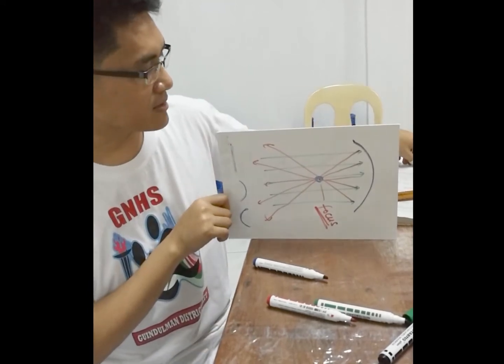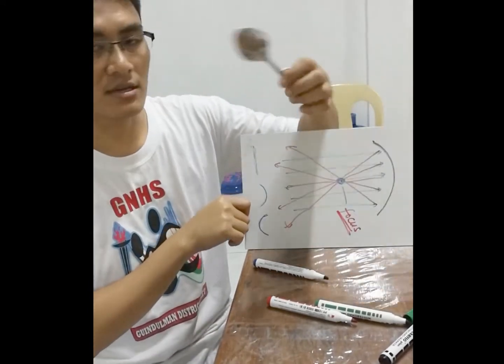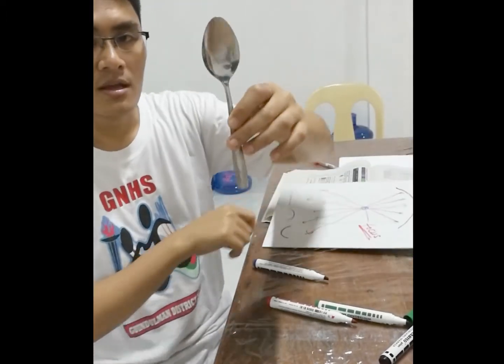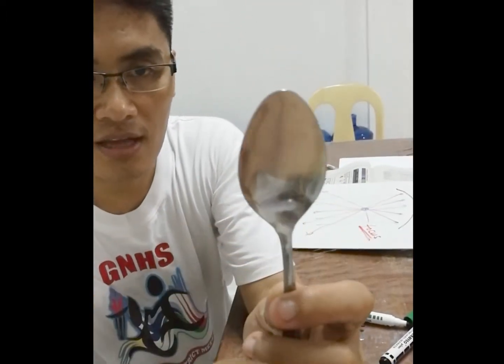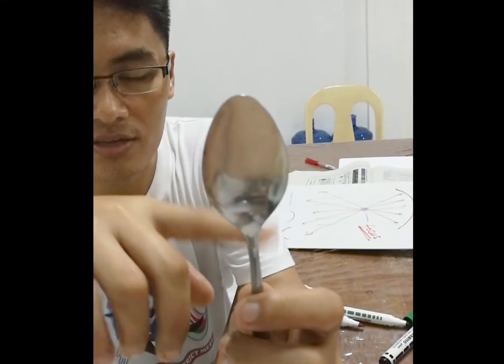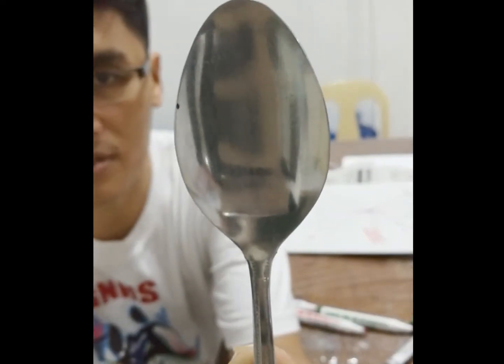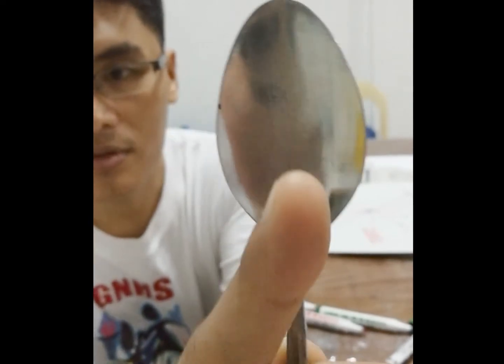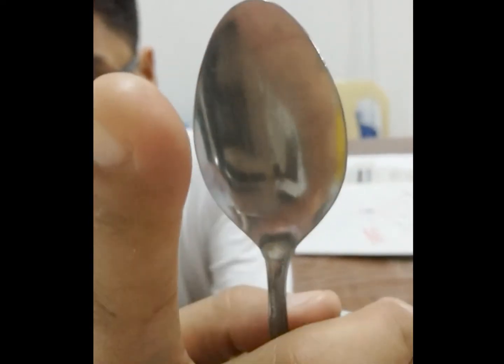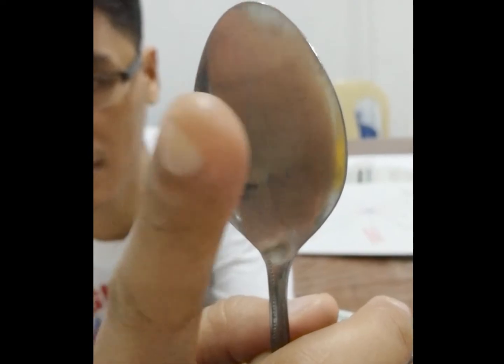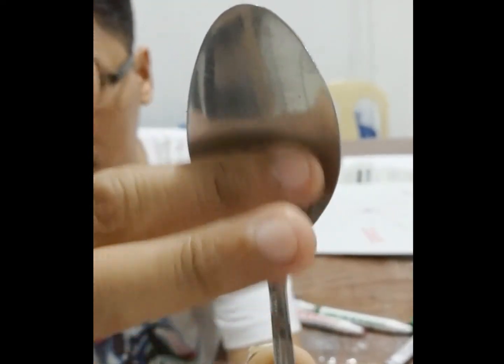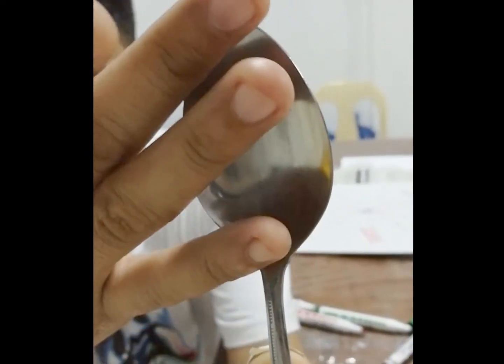And in fact, if I have a spoon, I could demonstrate that this spoon can actually act like a mirror. So if I place it closer to the camera, you can actually see a reflection of my finger, right? So this side is also a mirror, right?